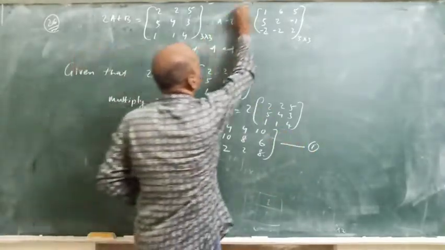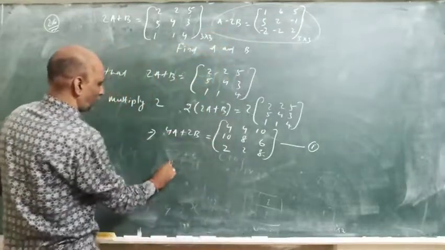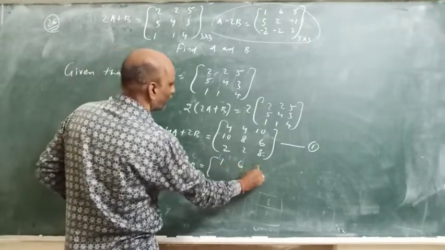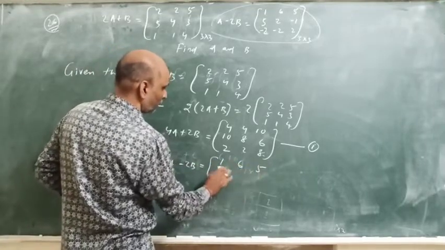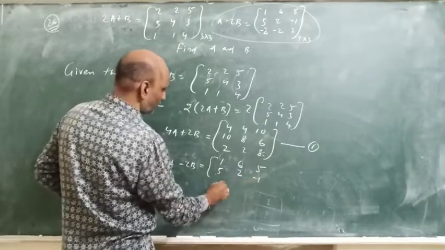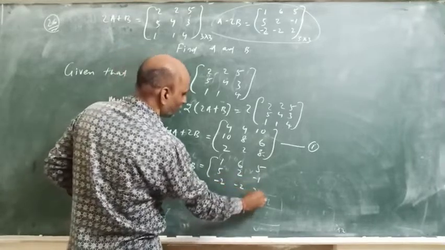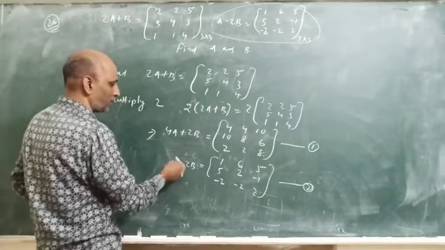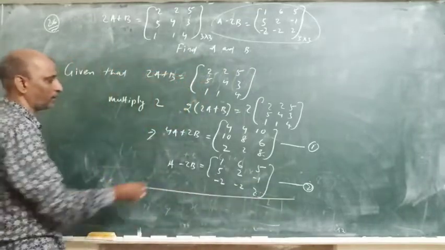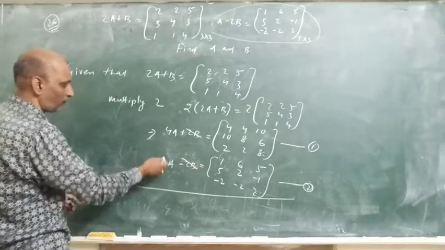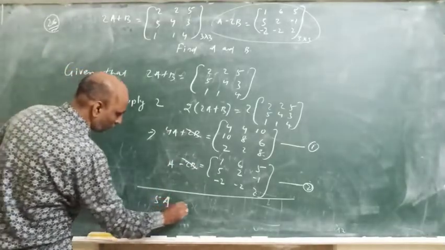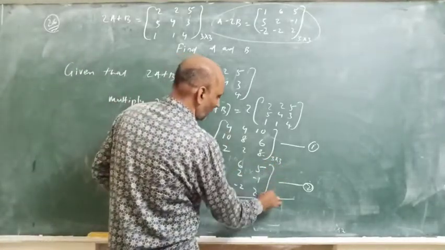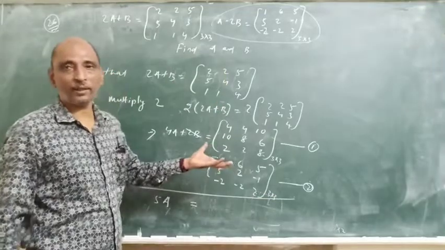Put this one here. A minus 2B is equal to 1 6 5, 5 2 minus 1, minus 2 minus 2 2. Let it be equation 2. Now we add these two. Normally add: 2B and 2B cancel, 4A plus A it will be 5A. Now here you have to add these two, according to the condition of addition.